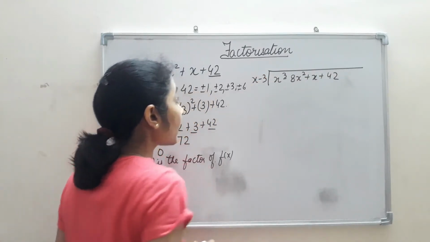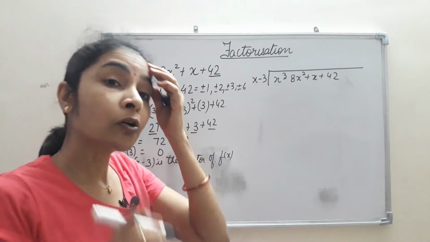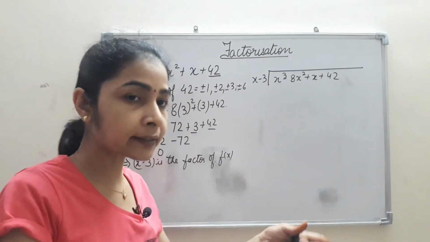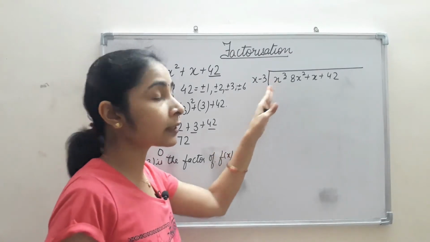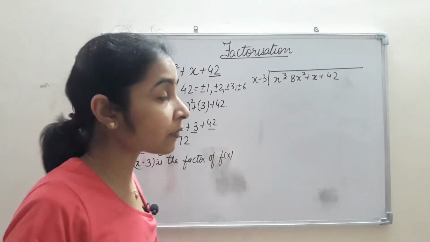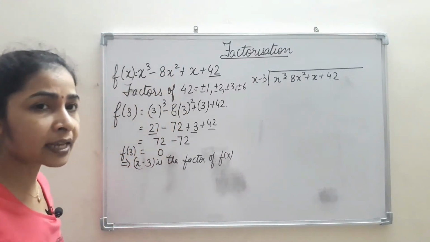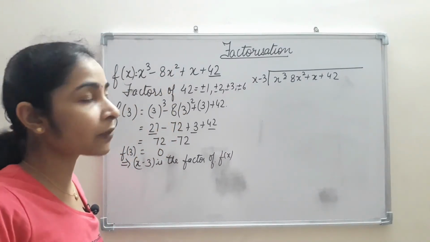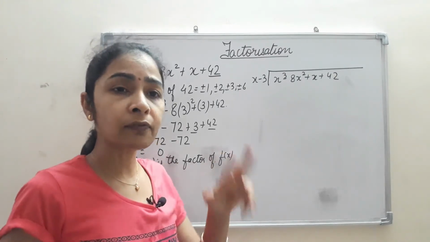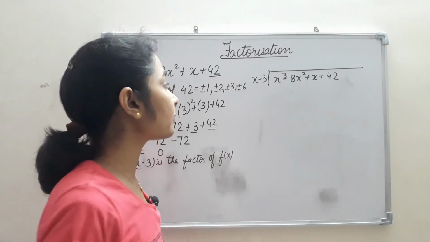I will get the answer as a quadratic polynomial. Again I will factorize it and get two factors. A cubic polynomial has how many factors? We have three factors. As the degree is, the same number of factors we have, so three factors. Here we have already got one, and when we factorize that quadratic polynomial, we will get two more.